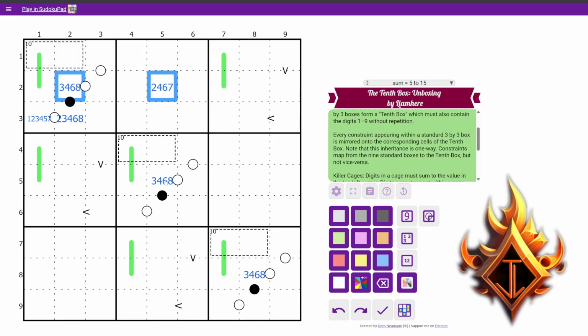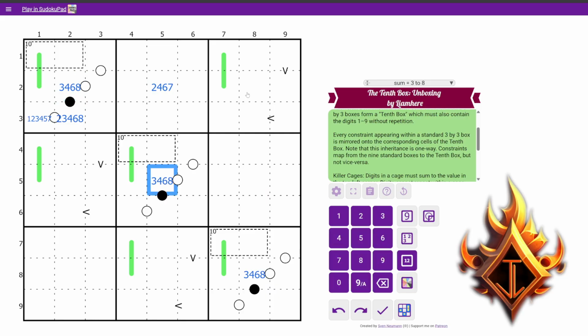That one can be odd, and then that one would be odd. That would be even then, and then that would be even. That could work. If this is odd, then those two are even.